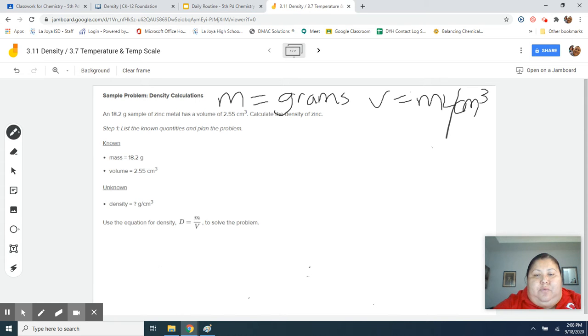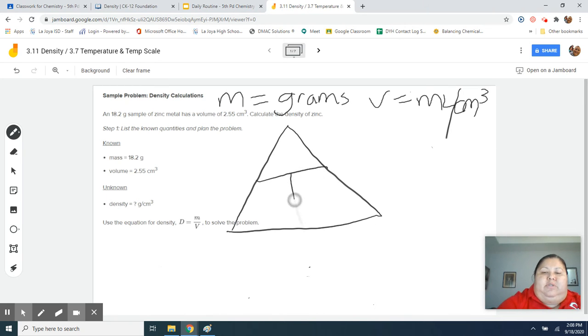Now we're going to be using a strategy known as the pyramid. Some people call it the triangle. My students in the past have called it the Dorito. Basically, it's a triangle with a T in the middle. The horizontal line represents division, and the vertical line going up and down represents multiplication.